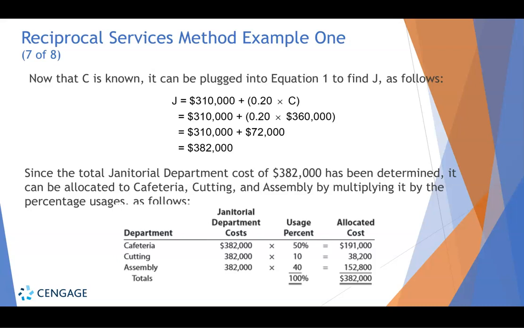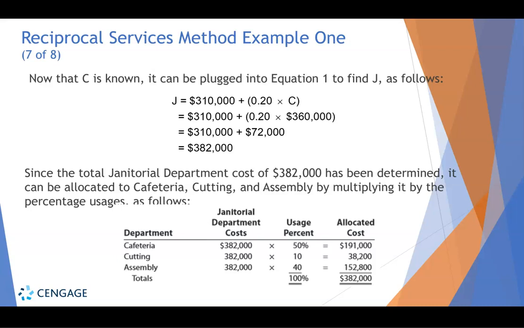Then we can take, since janitorial now we know, janitorial costs are 382,000. We can then take the cafeteria at 50% of usage, allocate that cost.